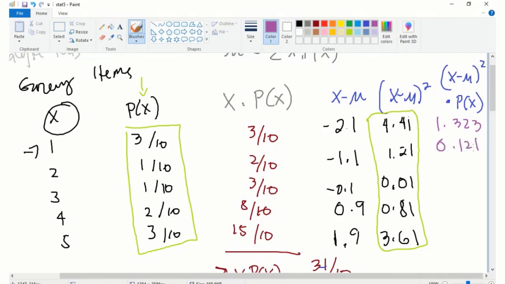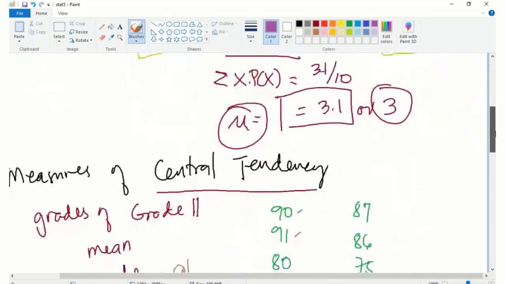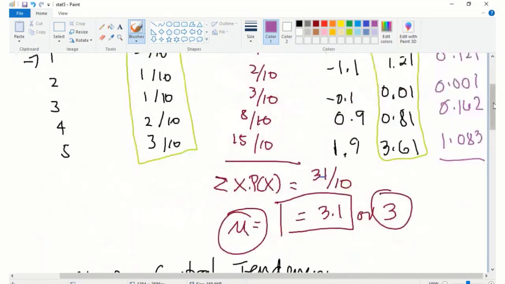And then 0.01 times 1 divided by 10, 0.001. 0.81 times 2 divided by 10, 0.162, and then 3.61 times 3 divided by 10, that is 1.083.